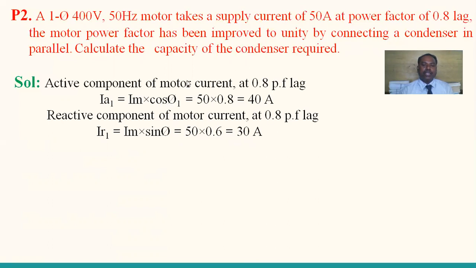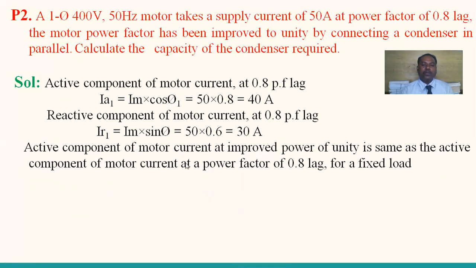So now this is the existing system. Into this we have to improve to unity. The active component of motor current at improved power factor is the same as the active component of motor current at power factor of 0.8 lag for a fixed load. Why? Because 40 amperes multiplied with 1 is 40 at unity power factor.